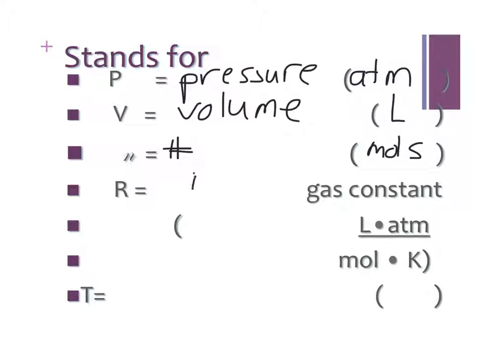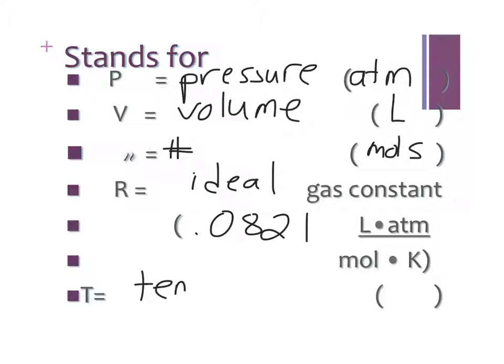R is the ideal gas constant, and there's different values based on what you're going to be using in, and our value we're going to stick with most of the time is 0.0821. You might see 0.08206, that's fine to use too, but usually we'll stick with the one that's a little simpler on that. And then T is obviously temperature, and it does need to be in Kelvin, and remember our number for Kelvin is 273.